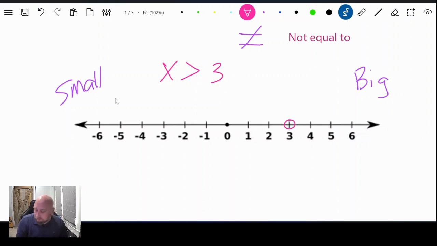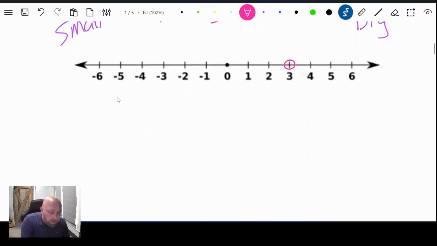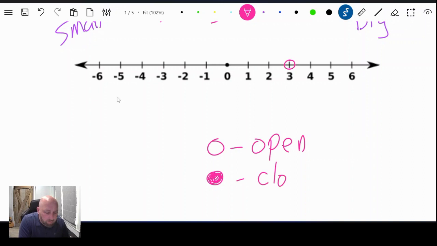Now if you look down at the bottom of page 486, it says that there's a difference between an open dot, so this would be an open dot, and we'll just call this open, and then this is a closed dot. So when we color it in, this is closed.